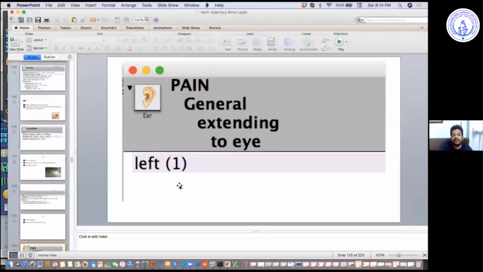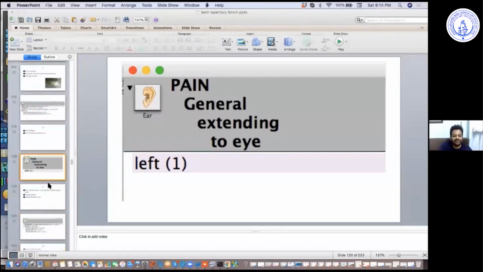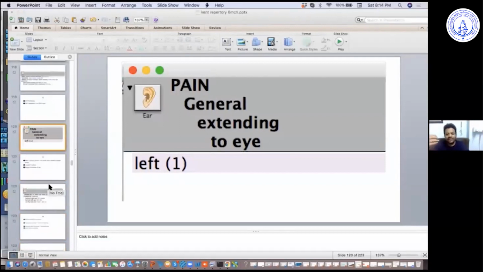Ear pain extending to eye. Nice, no? All right, we'll go ahead. Are you getting this idea of how to convert the patient's language? This is the whole art. It's an art portion here.